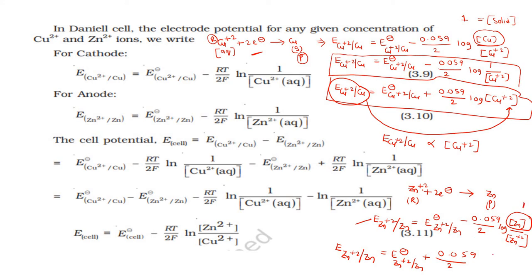Okay, I am changing the sign. Denominator becomes numerator, so we are going to get log zinc plus 2 concentration. So this is called the Nernst equation of single electrodes. This is only for a single electrode.